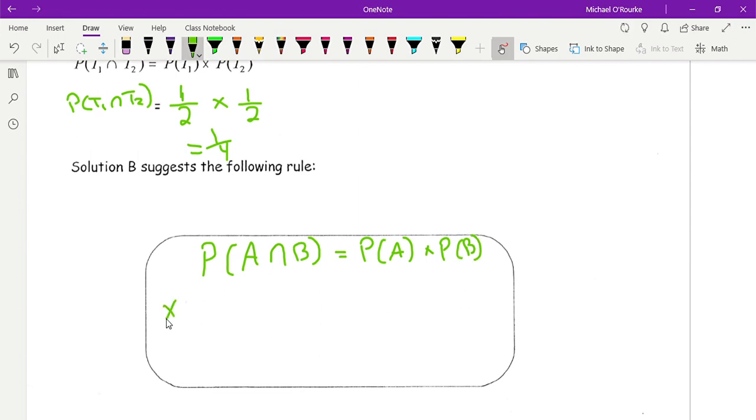And the key here is A and B must be what? Independent, right?